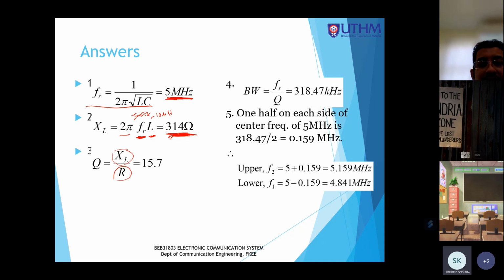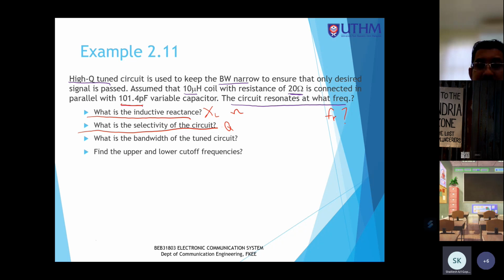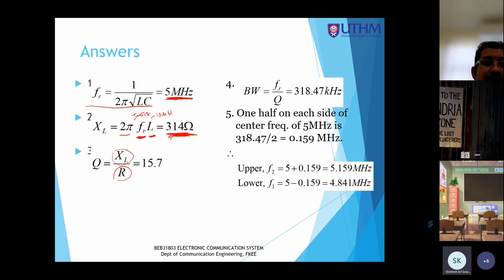Okay, so 314 dibahagikan dengan resistance diberikan dalam soalan 20 ohms. So 314 divide with 20, so you akan dapat 15.7. It's a unitless parameter.